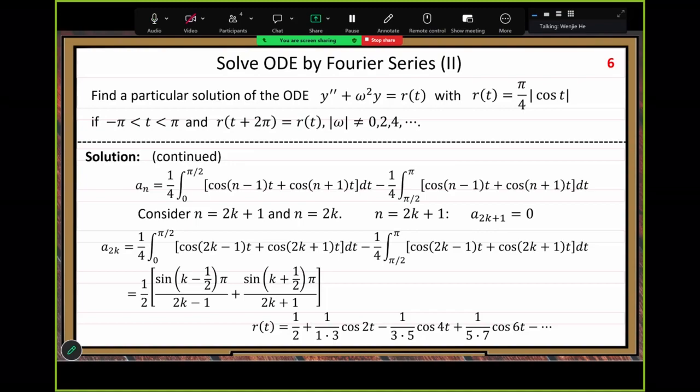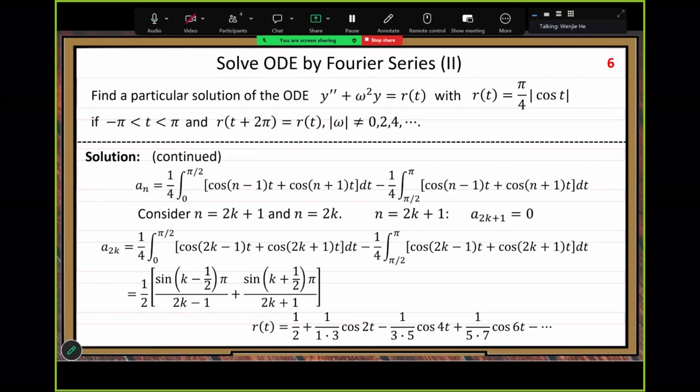Do you remember when we learned the differentiation rules? There is a sum rule. The R function has multiple terms, so we can consider the particular solution for each term, and then add them together by the sum rule.